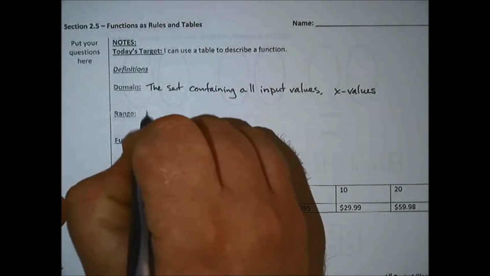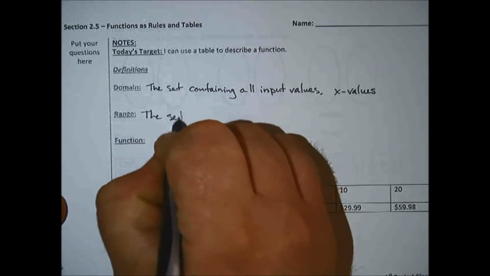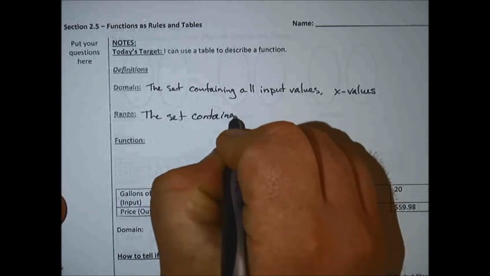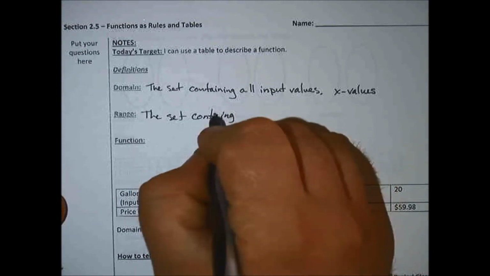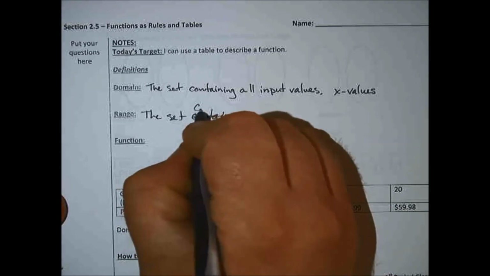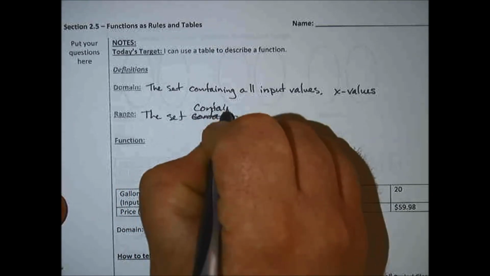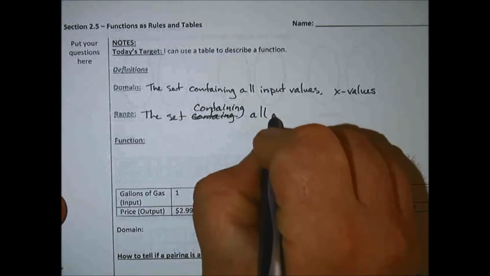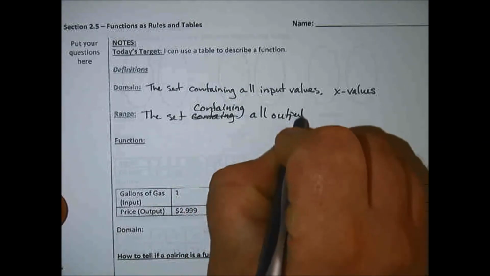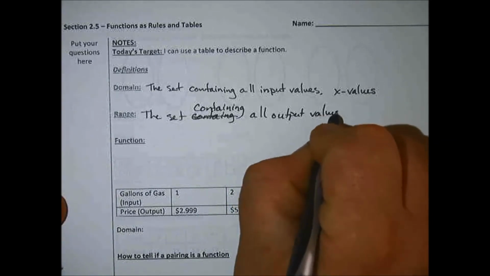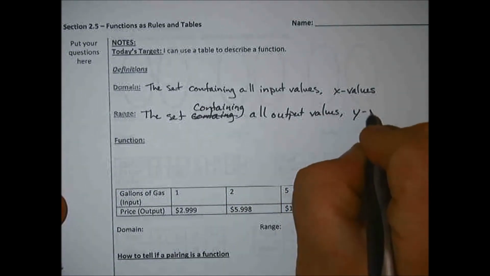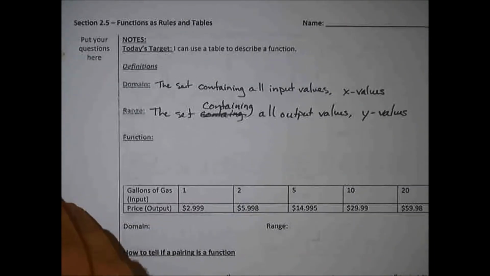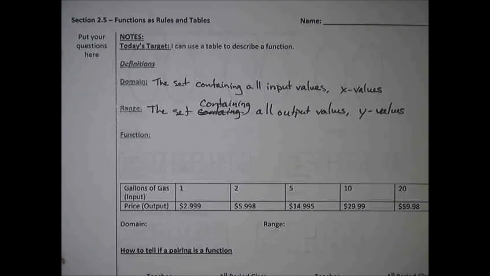The range would be the set containing all output values. And those we know as the y values. We have an x and a y. We throw one number in, we get another number out.